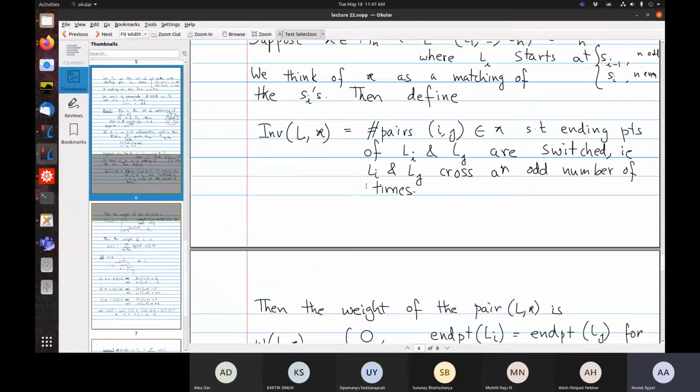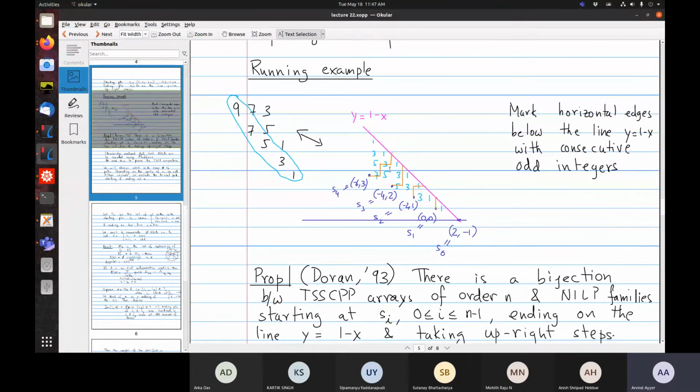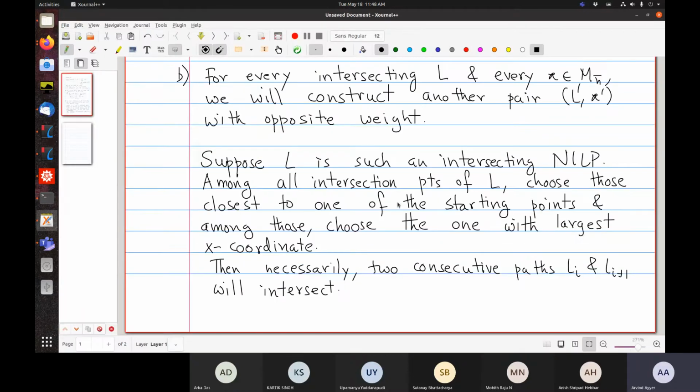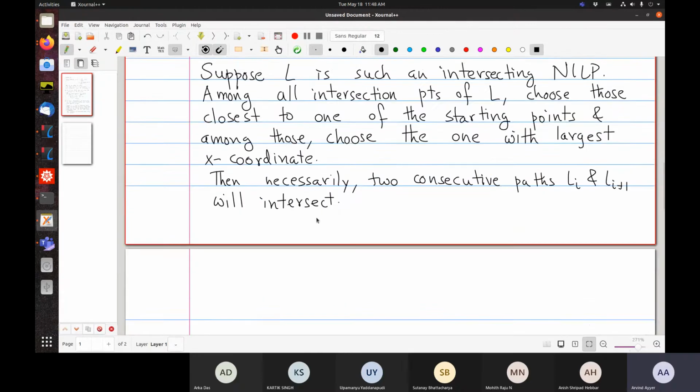So you're choosing them closest to this line. So then if two faraway guys intersect, then you will find something closer that intersects and so on. And as I said, the second condition says that we are closest to the origin. Largest x coordinate. Right? So that's what it is. Okay.